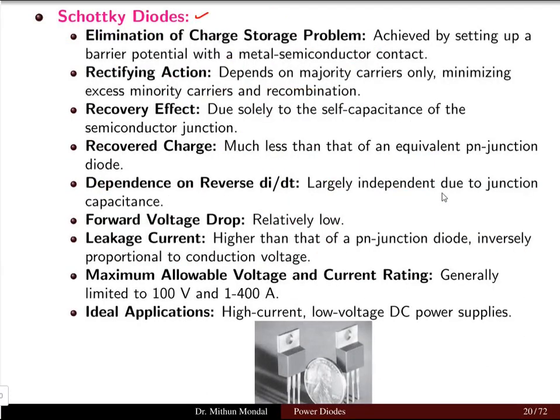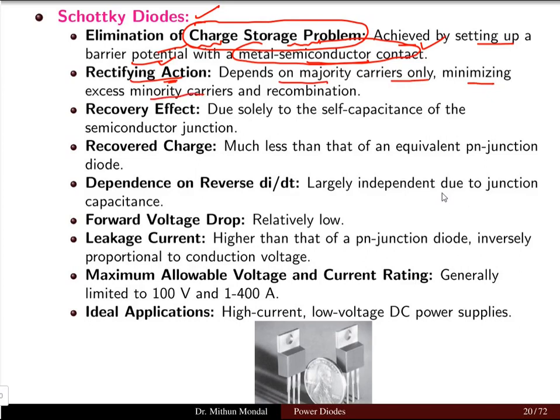When we think of Schottky diodes, the barrier potential is set up with a metal semiconductor contact. The elimination of the charge storage problem, which generally takes place in the depletion region, is achieved by setting the barrier potential with a metal semiconductor contact. The rectifying action depends on the majority carriers only, minimizing the excess minority carriers and the recombination process.